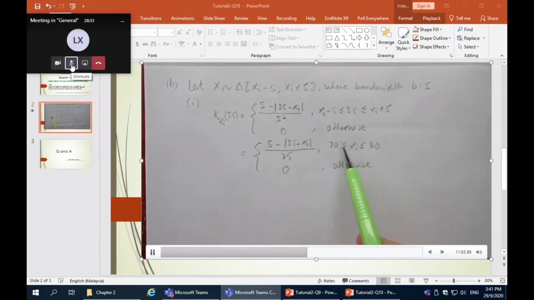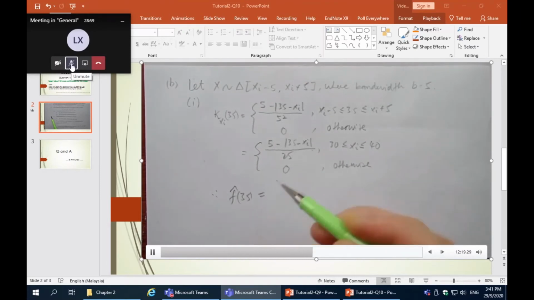So based on this result, only 3 data are inside this interval, that is, the data 31, 37, and 39. Since these 3 data have the same probability, the kernel smoothed density at 35 is given by this result. That is 1/8 as the probability for these 3 data.